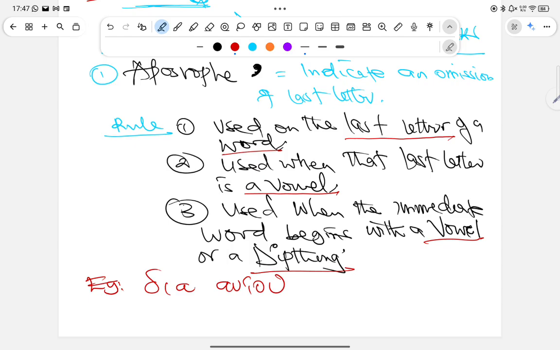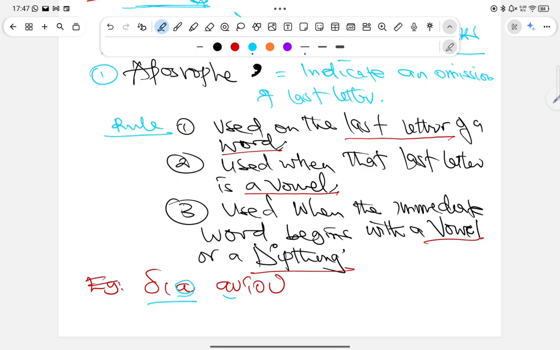For the apostrophe to be used in omitting a letter, the last letter in a word, so this is a word, dia, you notice the last letter is a vowel. And rule number 3 says the word that follows must begin with either a vowel or a diphthong.